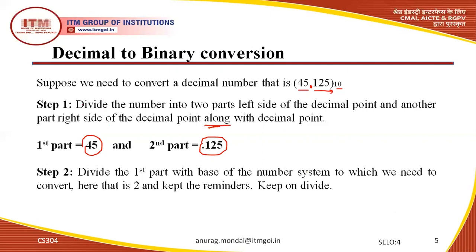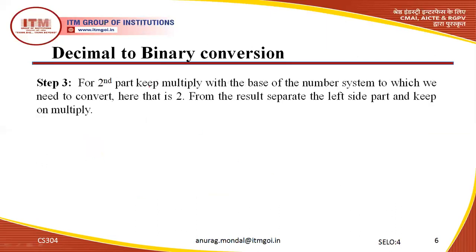Here we need to convert from decimal to binary, so we divide the first part by 2, keep the remainders, and keep on dividing. The next step: the second part, keep on multiplying by the base of the number system to which we need to convert, that is binary.